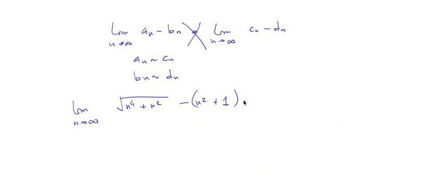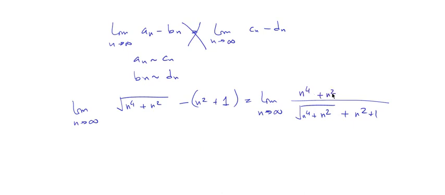So how do you solve this? Well, you solve this using this trick that we saw with square roots when you multiply by the sum of these two terms. So this is the square root of n to the fourth plus n squared plus n squared plus 1. And then in the numerator you have the difference of the squares. So you have n to the fourth plus n squared, and then minus, and then you have n to the fourth plus 1 plus 2n squared, right? And so then you have n to the fourth and n to the fourth cancel each other out, and then you have n squared minus n squared.